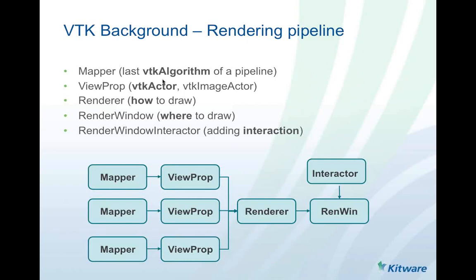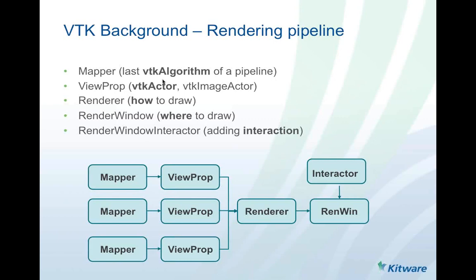Mappers feed into view props, which is how the mapper's output is placed within some arbitrary world scene. And one or more view props feed into a renderer, which is responsible for drawing on a particular region within a buffer somewhere.